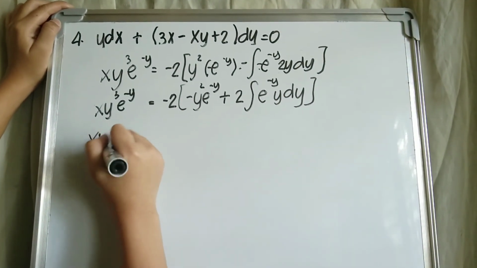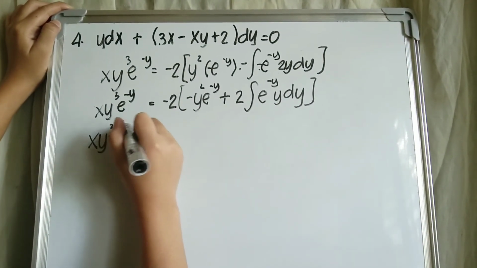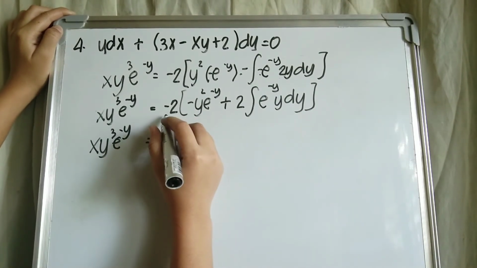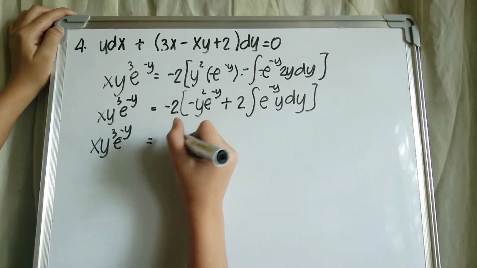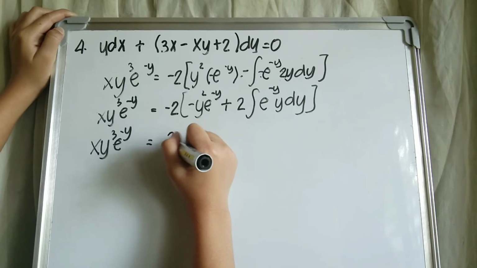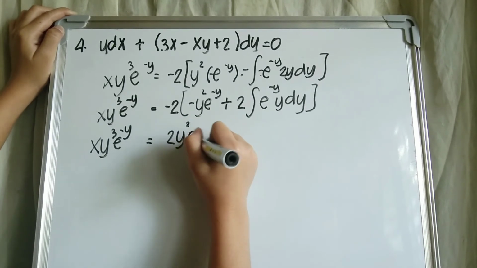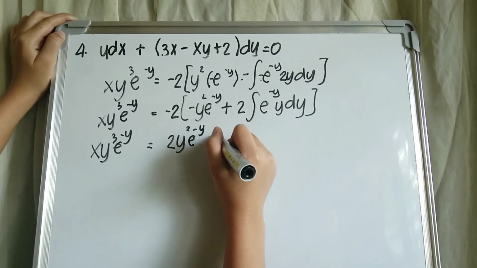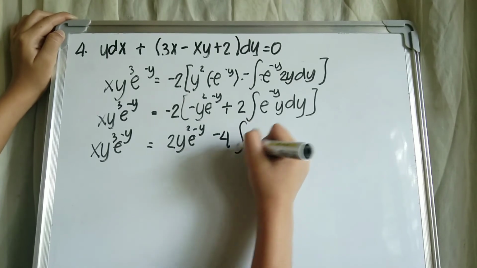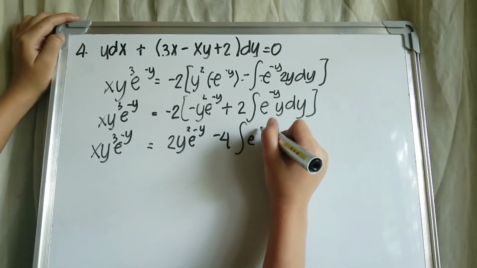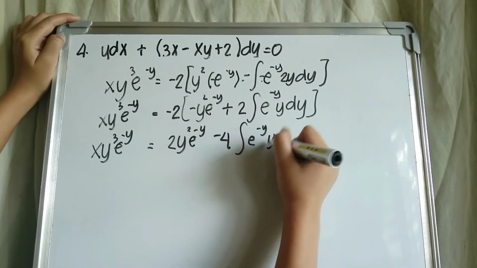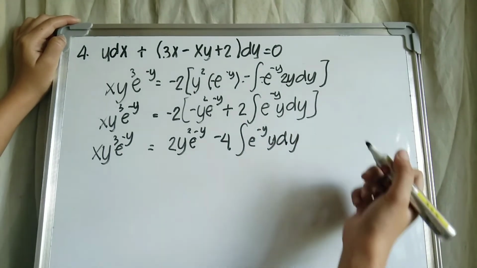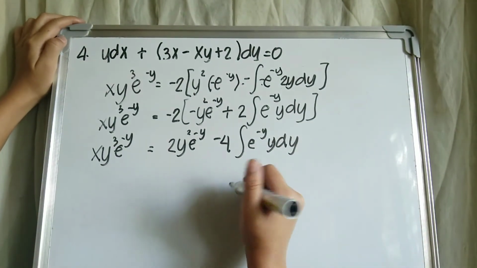So next is x y cubed times e raised to the power of negative y is equal to, we will substitute negative 2 to our inner term. This will become positive 2y squared e raised to the power of negative y minus 4 times the integral of e raised to the power of negative y times y dy. So we will still proceed to integration.